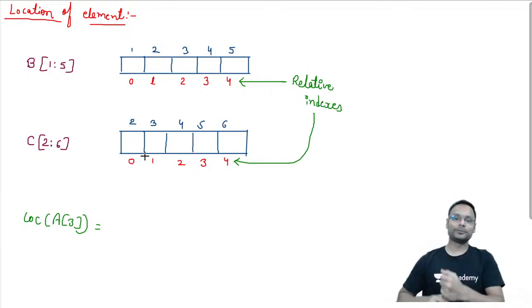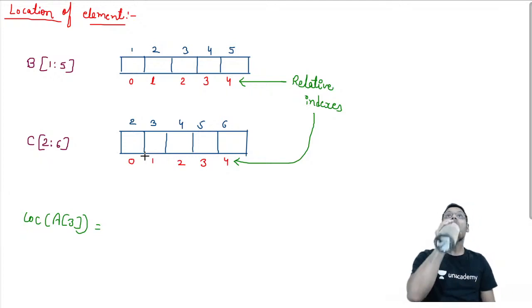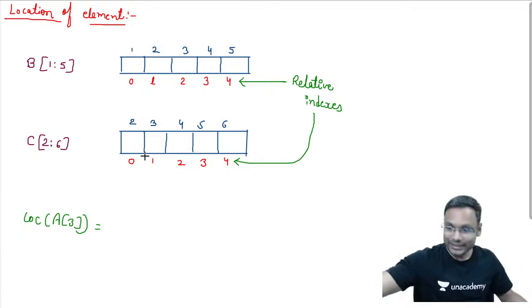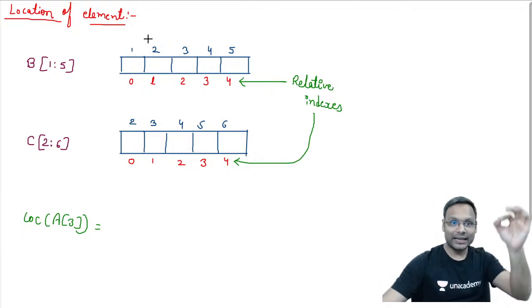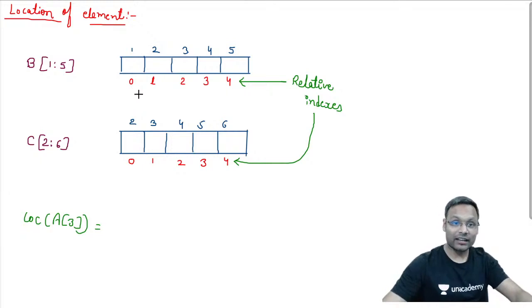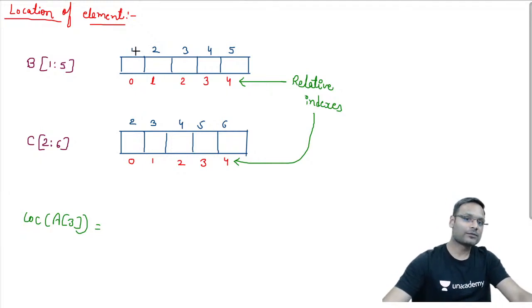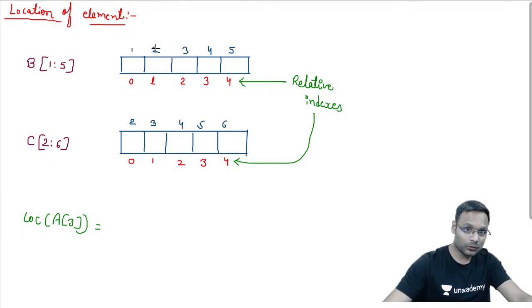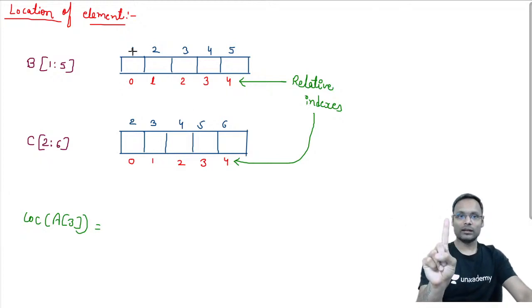How do you get that? Can we get the relative index from the index? From index 1 to 0, 2 to 1, 3 to 2, 4 to 3, 5 to 4 in this array? Yes, we can do it by subtracting 1 from the index.